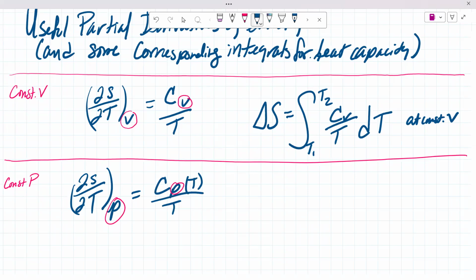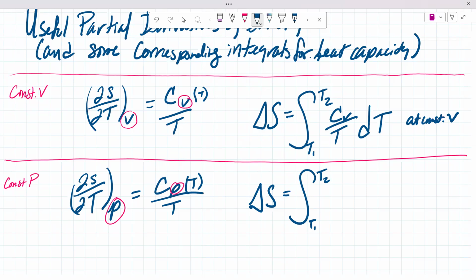What is the entropy? In this case, the entropy is equal to the integral from T1 to T2. We could also write this as a function of temperature. This is just function notation, right?